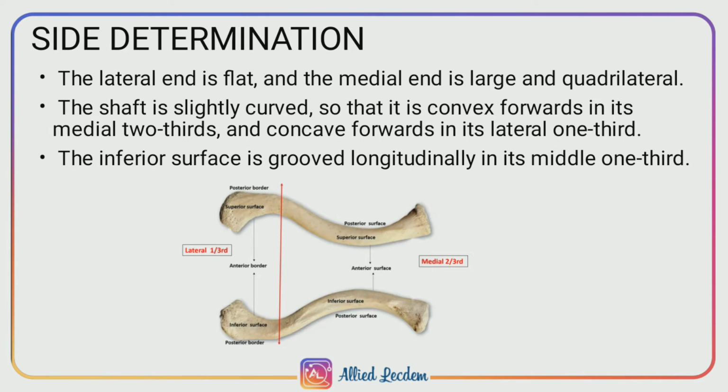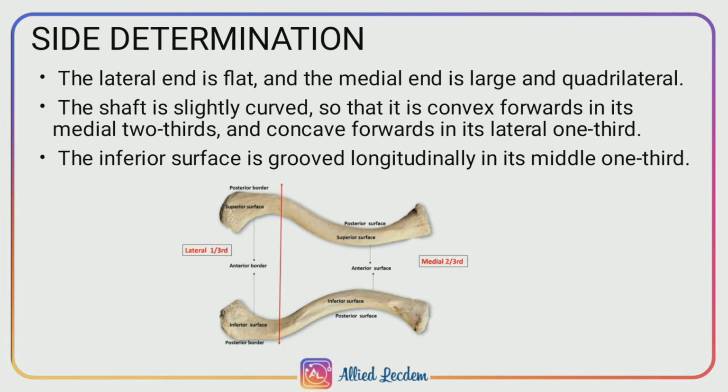Now we'll know why clavicle bone is named S-shaped. Because the shaft is slightly curved, it is named as S-shaped bone, so that it is convex forward in its medial 2/3 and concave forward in the lateral 1/3 of the portion. Inferior surface is grooved longitudinally in the middle 1/3.